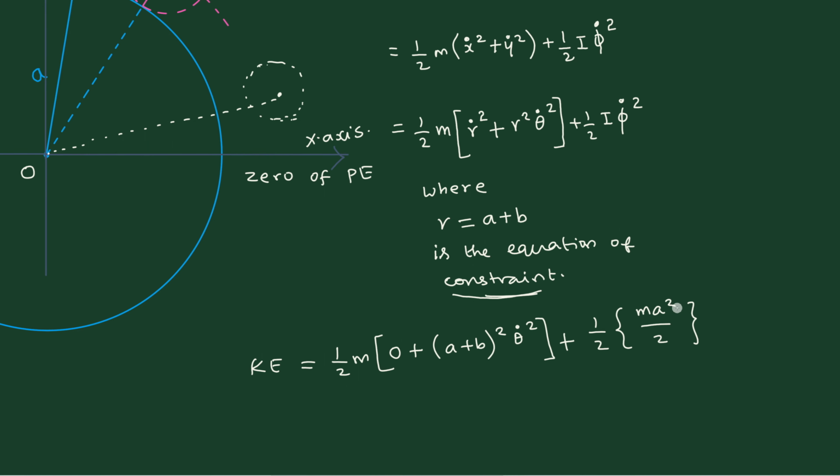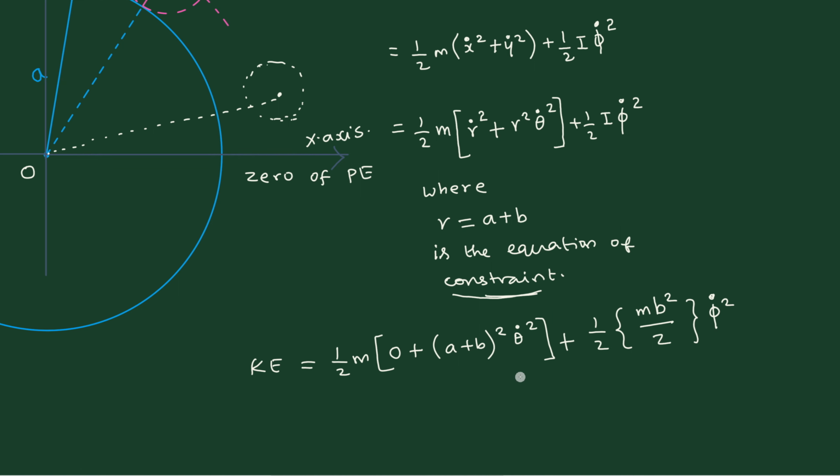But a is not the right radius here; we have to substitute the radius of the smaller cylinder. So you have to be careful whether to put a or b. I'll put b here because it is the smaller cylinder, so it has to be m b square divided by 2. Then there is a phi dot square. That's all. This is the kinetic energy.